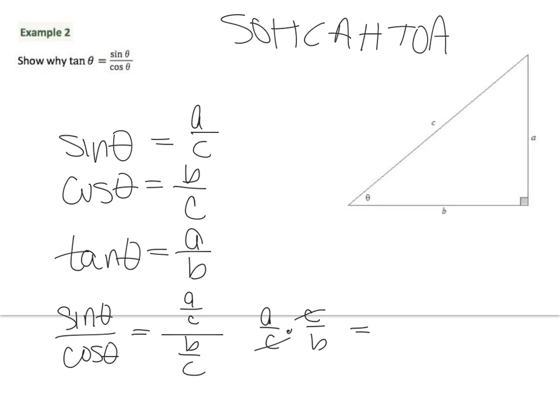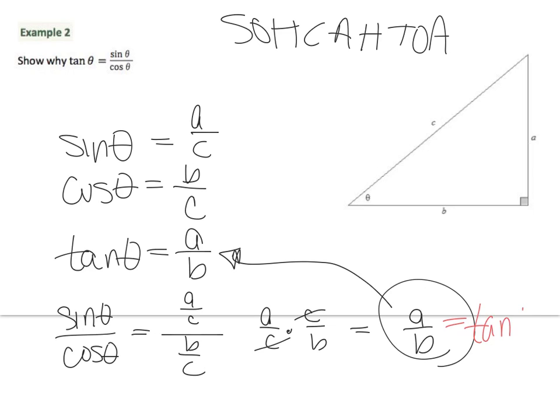Those cancel out, and I'm left with A over B, which is the same as tan theta. It's sort of like magic, but it's not, because it's math. So sine theta over cosine theta is equal to tangent theta, just to close the loop.